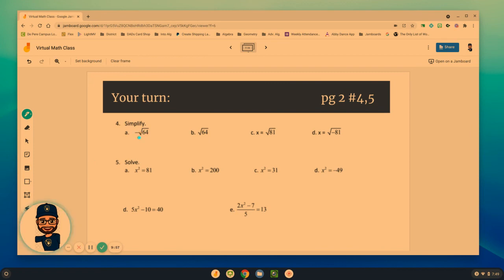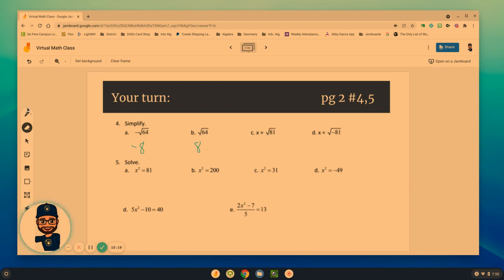Simplify the opposite of the square root of 64. Remember, whenever they have that out there, they only want the negative answer. The square root of 64. Typically, we're just going to say that it's positive 8, but right now, because we're not solving, we leave it as positive 8.